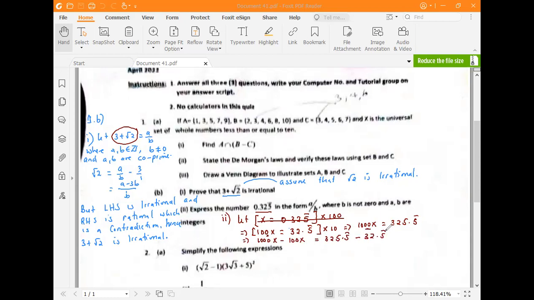So when subtracting on the left, 1000x minus 100x, you get 900x, which is equal to 5 bar minus 5 bar, that's 0. 5 minus 2, you get 3. 32 minus 3, you get 29. Then you divide by 900 on both sides. So you get x is equal to 293 over 900.